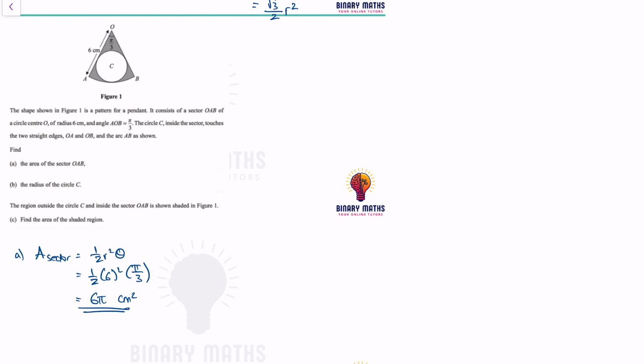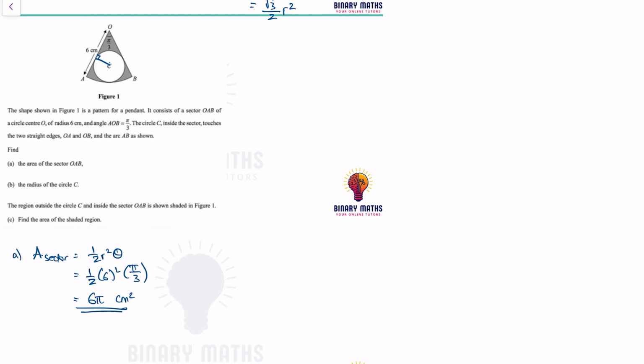Okay, now if at the point where AO touches the circle, we draw a line there, then we know that is 90 degrees. Obviously it meets at 90 degrees. And also we know that it splits up the angle in two. So we have a triangle there in front of us.